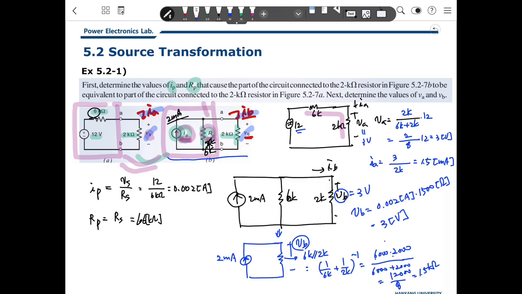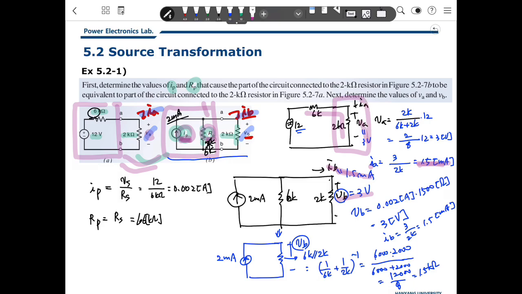So current IB is 3 divided by 2 kilo, so 1.5 milliampere. So this result and this result are the same. I is 1.5, I is 1.5, the same.